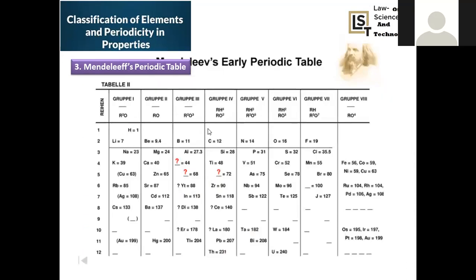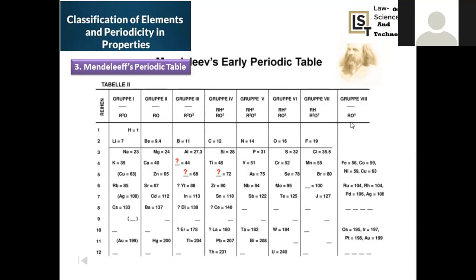This is the early periodic table where he kept some vacant sites, because at that time not all the elements were known, and he thought that in the future some elements might be identified, so a certain vacant space was kept for those elements to be identified later.